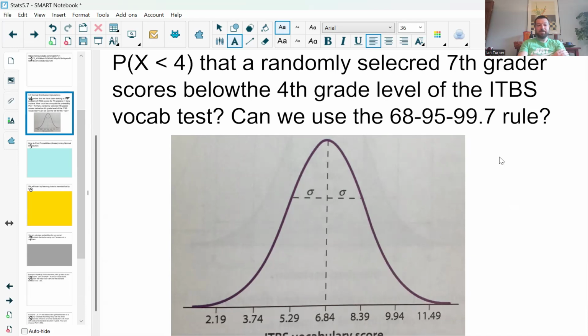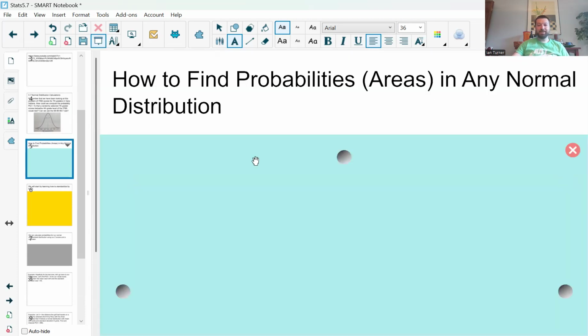I'm going to show you what we're going to do. So the 68, 95, 99.7 rule, we've done a lot with. You know how to do it, but it's not always practical because you get weird numbers. So instead, we're going to use other ways to find those areas.